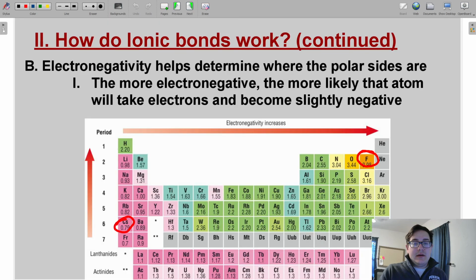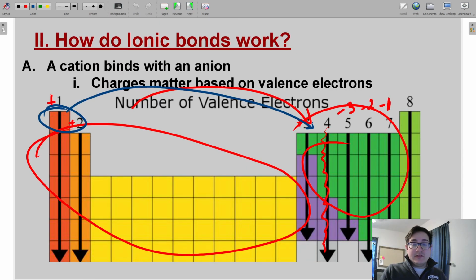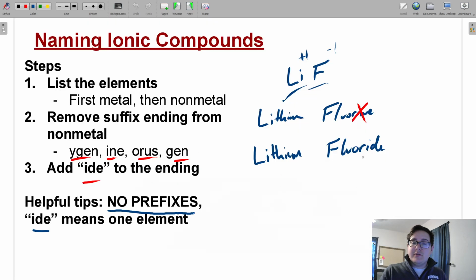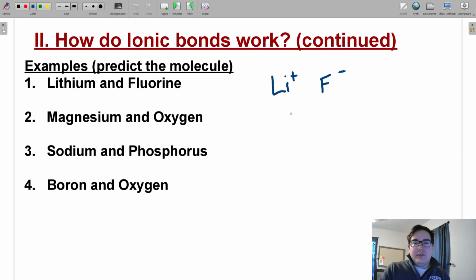And so back onto looking at those valence electrons, you should be able to predict those charges those would make. Then what I want you to do is kind of figure out what is going on here. Well, lithium and fluorine, since it's a +1, -1, those charges will actually cancel out. And now we can name this as lithium fluoride, just like we did before.